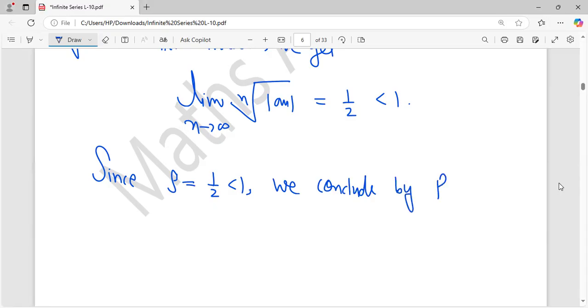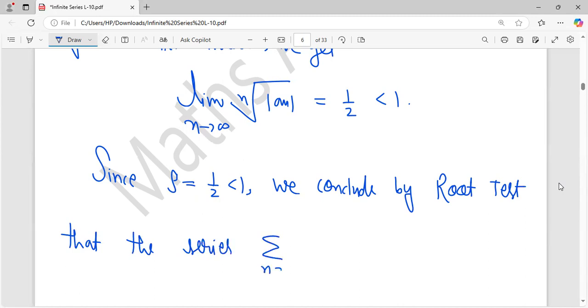by the root test that the series summation a_n is convergent.